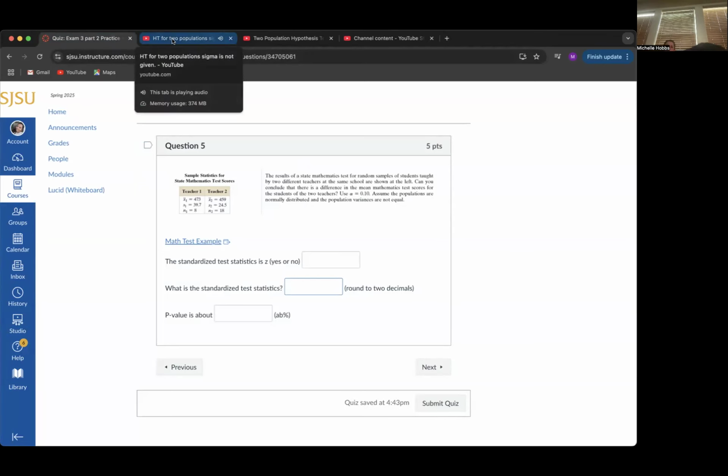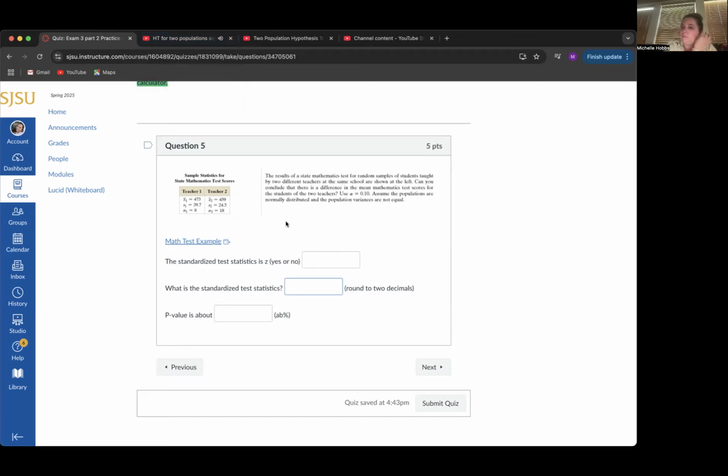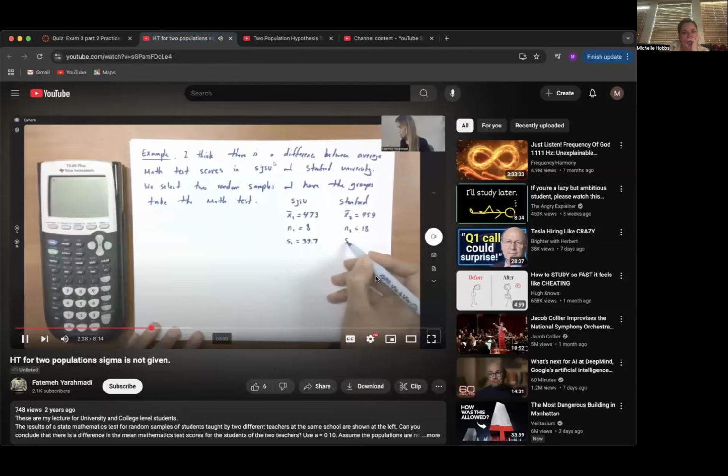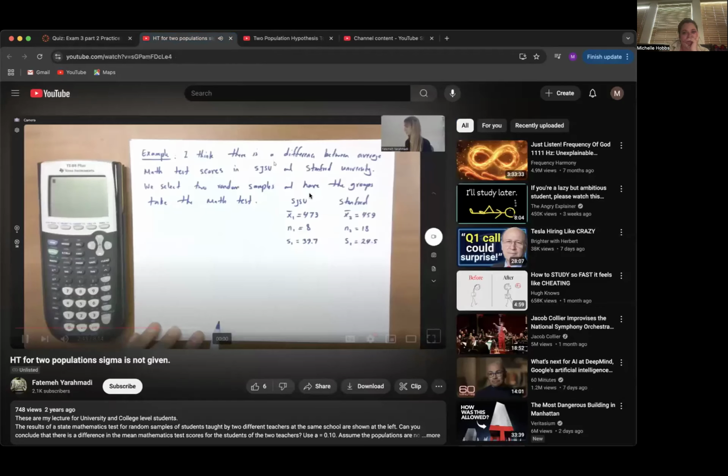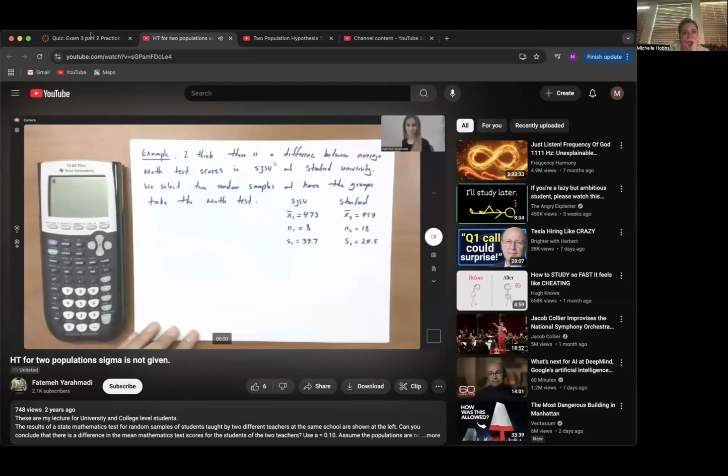I had 80 students in the first exam in San Jose State University, and I have 18 students in the second sample from Stanford. I calculated the standard deviation. I don't have information about the standard deviation of populations here. This is just a new test. This is what I designed. S1 is equal to 39.7, and S2 is equal to 24.5. So should I reject or support my claim?